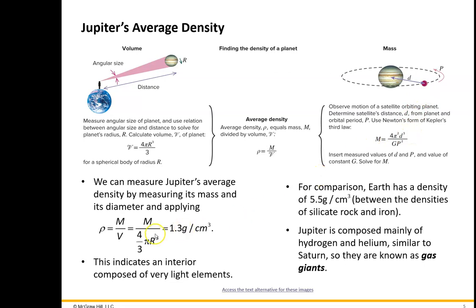So when we do that, and we use the angular size of Jupiter as seen from Earth, you can get what the radius of Jupiter is, so you can figure out the volume. And then, of course, you take the mass divided by the volume. Volume of any sphere is 4 pi over 3 times the radius cubed.